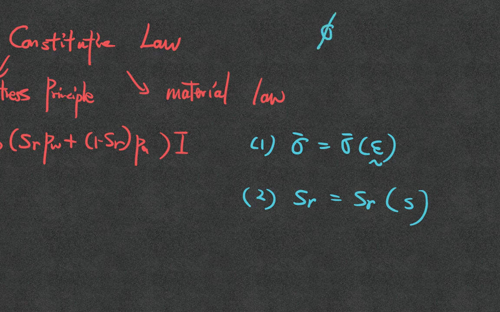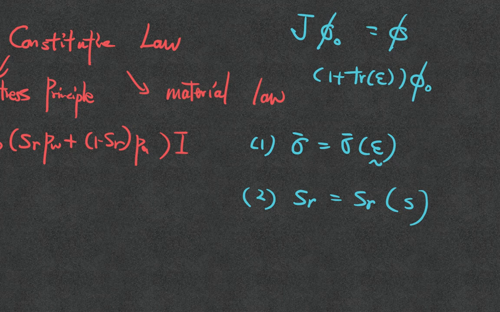If I have a void ratio, okay, in large deformations, the initial void ratio times the Jacobian, which is the determinant of the deformation gradient, equals the current void ratio for incompressible flow. For an incompressible solid, for small deformations, 1 plus the trace of the strain tensor times the initial porosity is roughly equal to the current porosity.